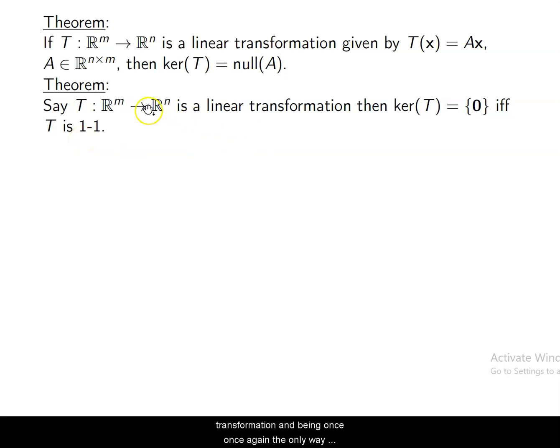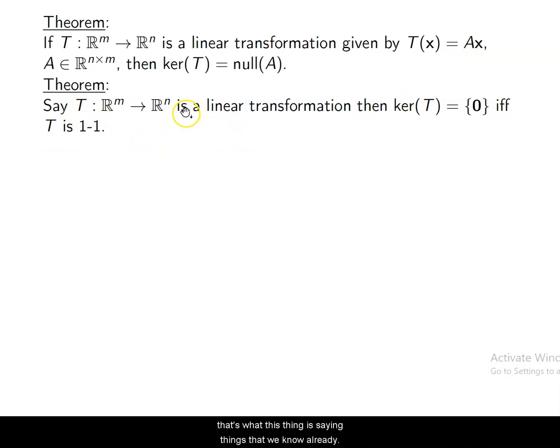So again, the only way for everything that gets sent to the 0 vector by your transformation to be only the 0 vector itself, right? Basically the trivial solution, is if that matrix is linearly independent, or another way of saying that, your transformation is 1 to 1. Okay, so that's what this theorem is saying.